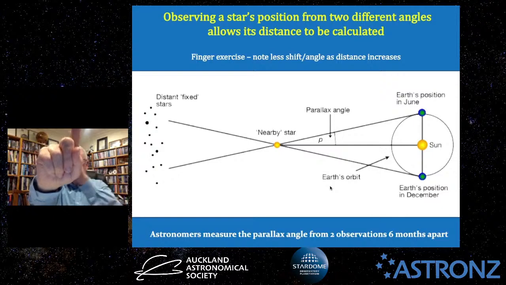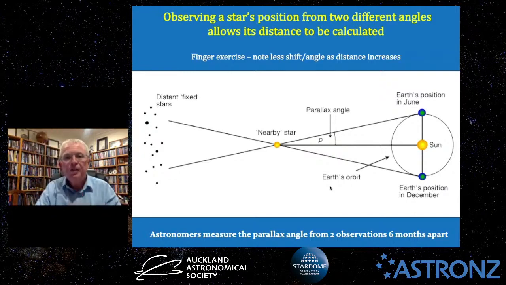Once again, you notice the parallax. The background object that lines up with the finger is different again. But what do you notice this time? The angle, or the difference in shift, is much less. So that tells you that the further away something is, the less the angle, the parallax shift, that occurs. So that's two important principles.